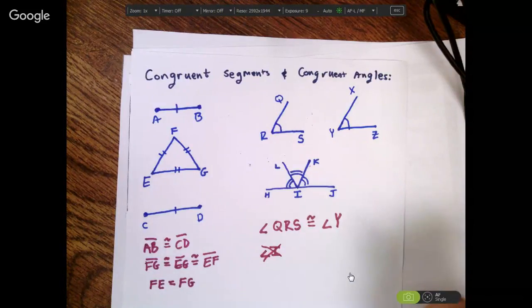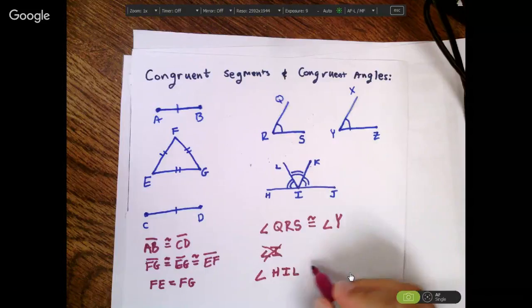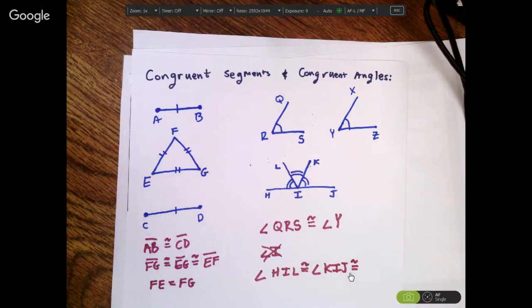So tell me what's a congruent statement for these angles. Angle... is congruent to angle KIJ, which is congruent to... I already did HIK.